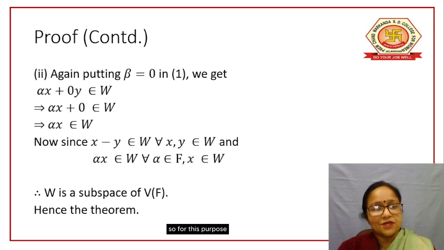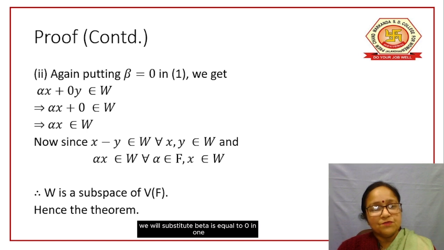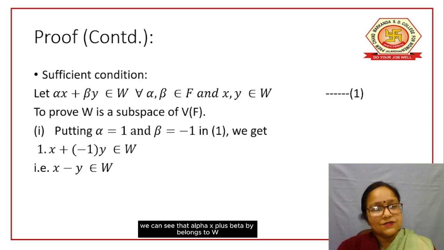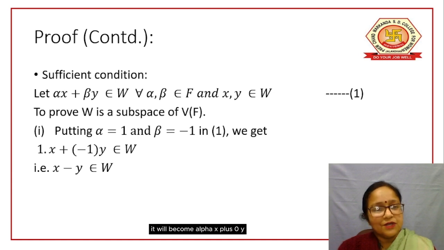The next part is to prove that W is closed under scalar multiplication. For this purpose, we will substitute beta equal to 0 in condition 1. So we will get alpha x plus 0y belongs to W. From the previous slide, we can see that alpha x plus beta y belongs to W. So whenever we substitute beta equal to 0, it becomes alpha x plus 0y.